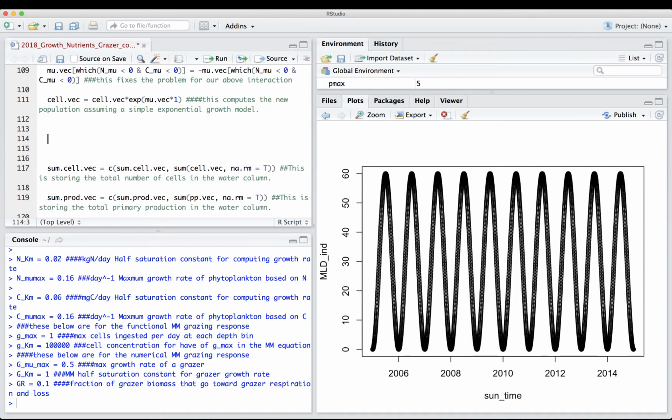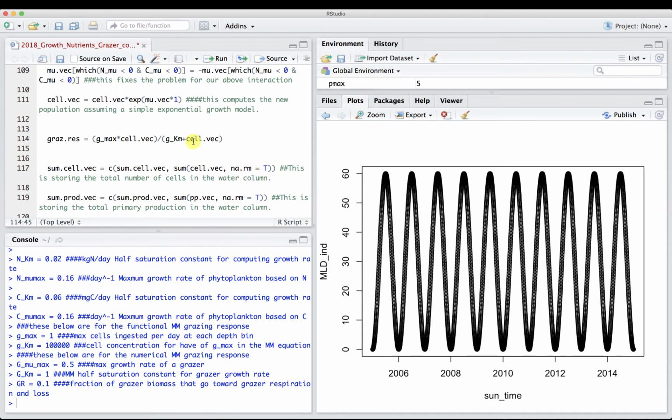And some of those cells now are going to die immediately from grazing. So now our Graz response is going to be a Michaelis-Menten function, G max times our cell.vec. Remember, this is our maximum grazing rate. Our cell.vec, whatever that is, divided by G Km, so that's our half saturation constant for grazing, plus the cells dot vec.